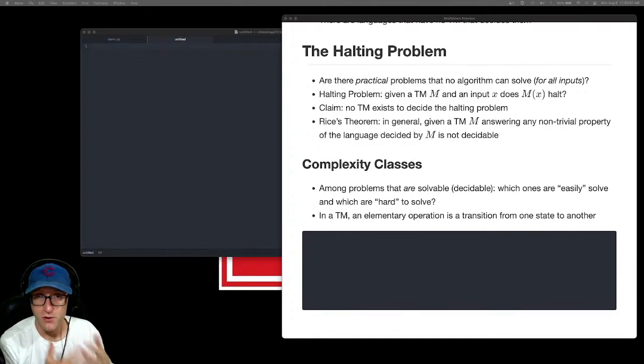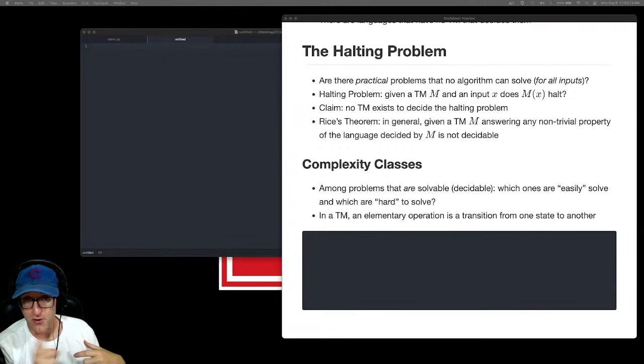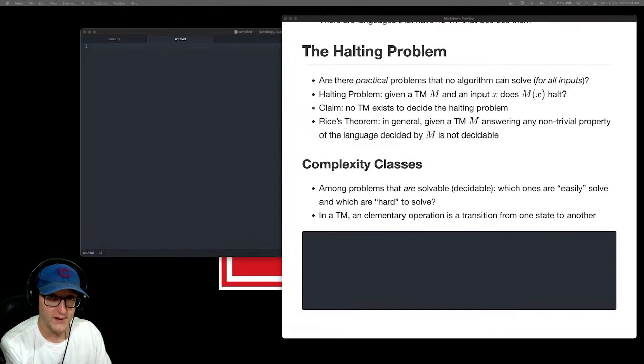But when you're talking about Turing machines, there's only one thing to look at, and that's a state transition. Remember the input, you can read that back and forth. So it's not necessarily an input read or write or an output read or write. It is all transitions, going from one state to the next state until it halts and stops.